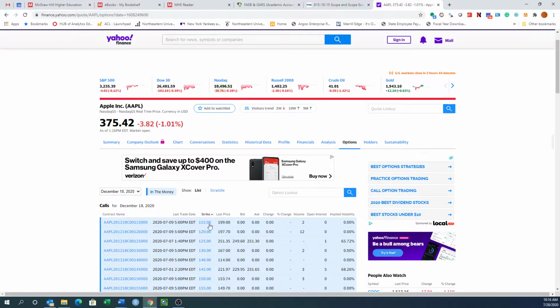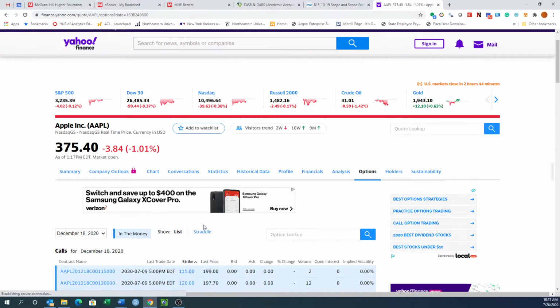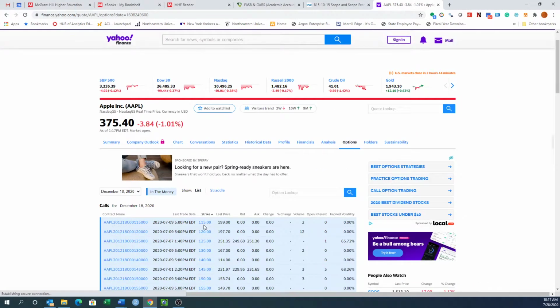So I can buy it at a lower price if I buy this option, and I could theoretically sell it at $375. Now, one of the problems is that the price of this option is $200 a share. So it's suggesting that I would have to spend a lot of money to buy this particular option.